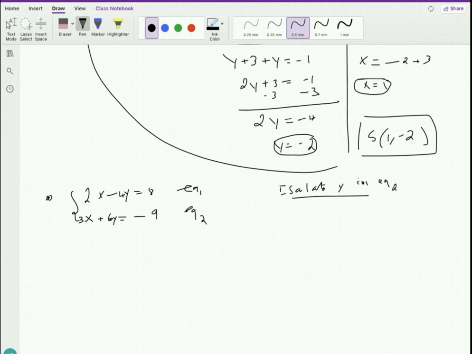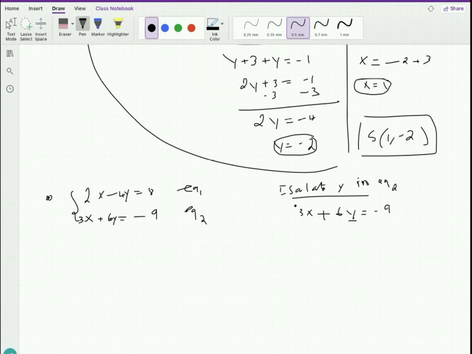You can do it in either equation. Just look at the two and see which one looks easier to you to use. So let's take that equation, -9. And again, we're trying to isolate this one. So it's like solving this equation for y.